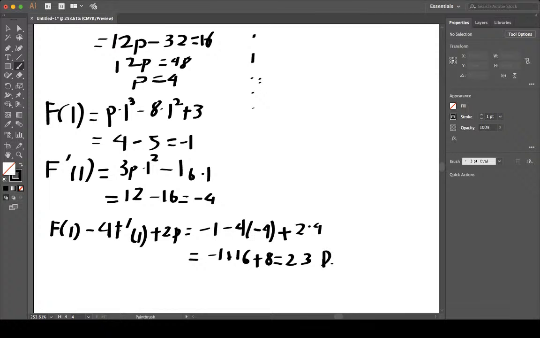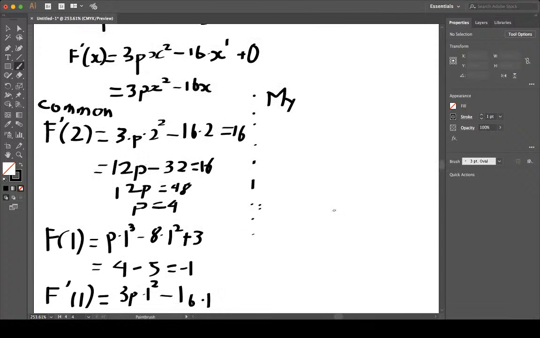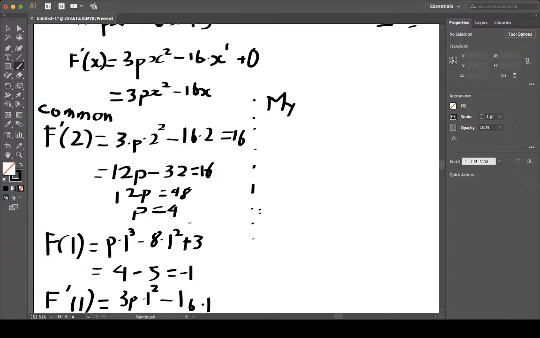But what about my method? My method would basically start by finding function 1 first. In this case, we have found this right over here, and that would be p minus 5 at the end.